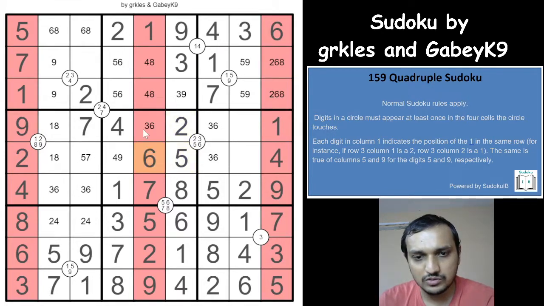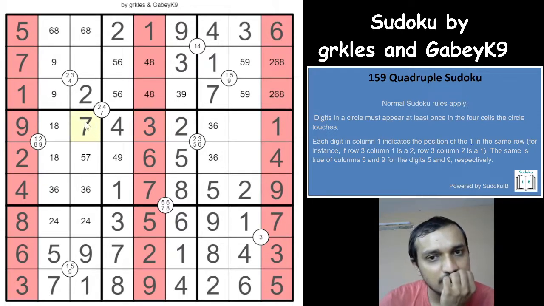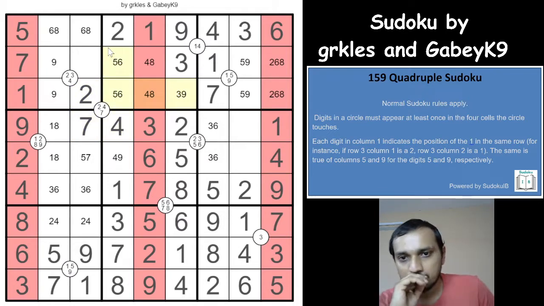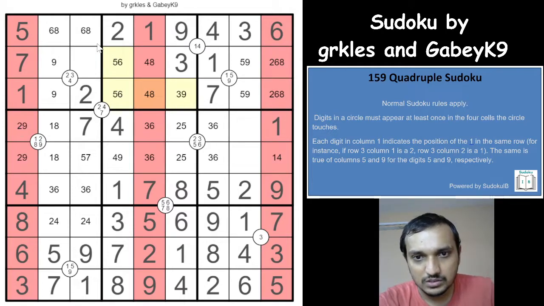That 5 gives you a 6 and a 3 here. That 3 should give you a 5 here. Come on. You have done something wrong. Because there is no place for 7.